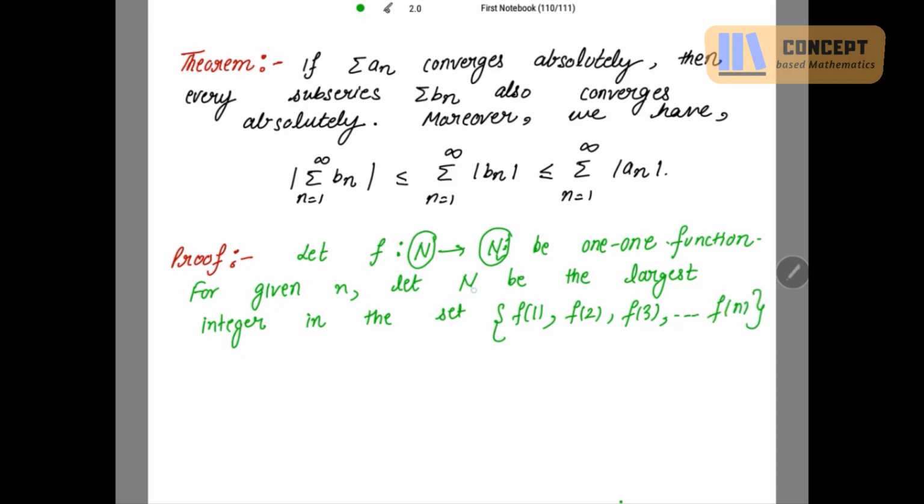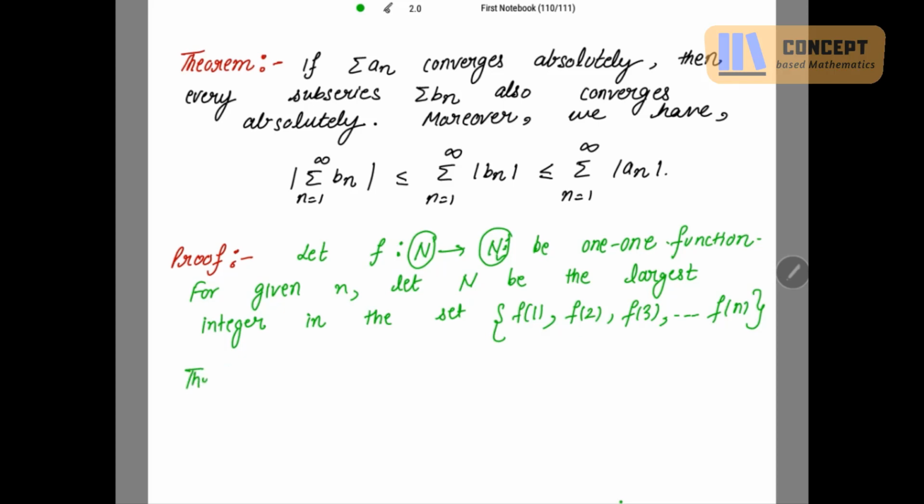And capital N be the largest integer in this set, because f of 1 is nothing but some natural number, suppose n1. f of 2 is some natural number, suppose n2, because the codomain is the set of natural numbers. So f1, f2, f3, fn are nothing but natural numbers only. And taking capital N to be the largest of this set, right?